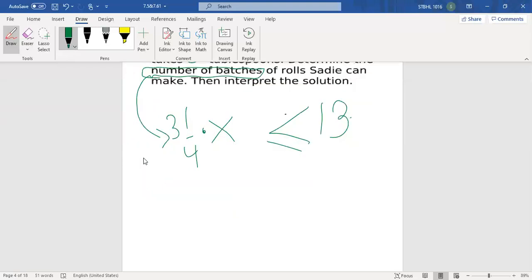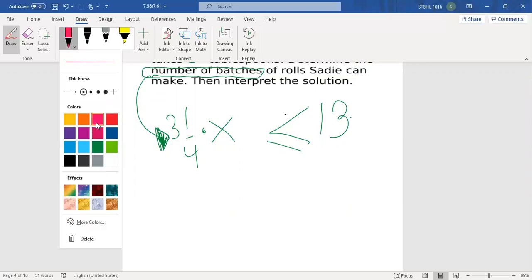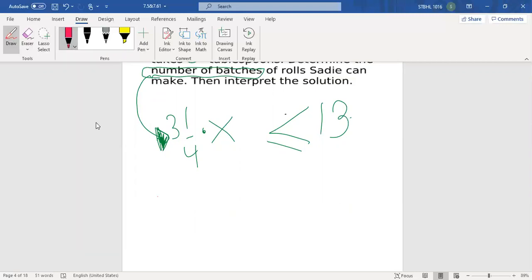Okay, grade 7. Now here again, the same idea, but what is the difference? We have a fraction here. Now, how can I solve this inequality? It's up to you. Change it to a decimal number, change it to a fraction, as you like.